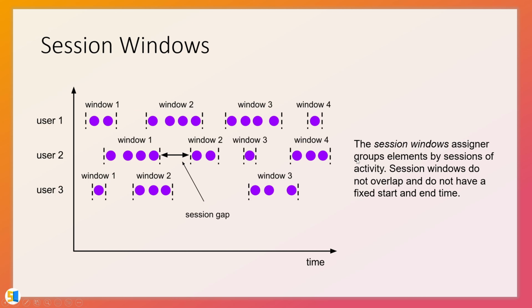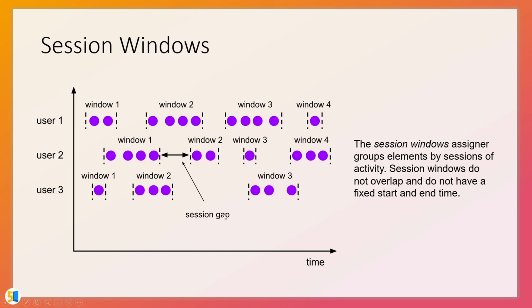The next window is session windows. The session windows assigner groups elements by sessions of activity. Session windows do not overlap and do not have fixed start and end times. A session window closes when there is a gap in the activity within the specified threshold.